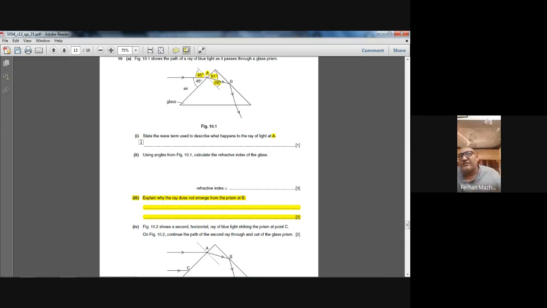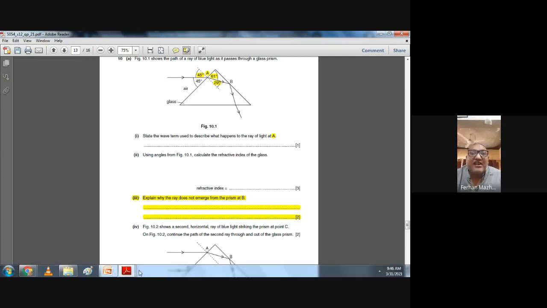Listen carefully again. At the point B, the angle of incidence is more than the critical angle. Total internal reflection has taken place at the point B. So that is how you explain what has happened at the point B.